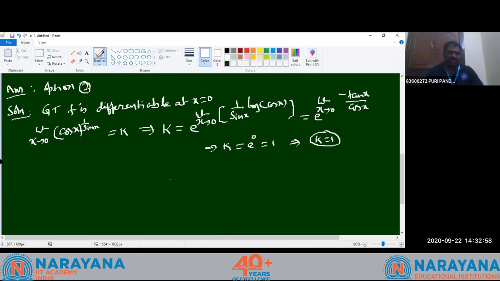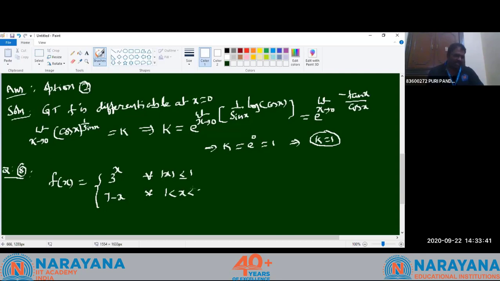Let f of x be defined in two cases: 3 power x for mod x less than or equal to 1, and 7 minus x for 1 less than x less than 7.